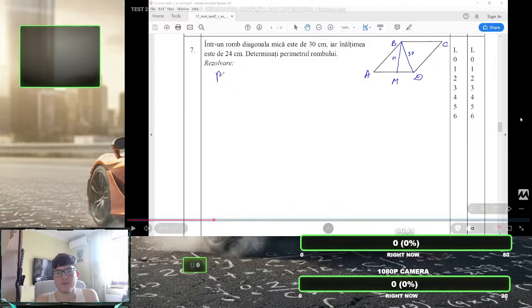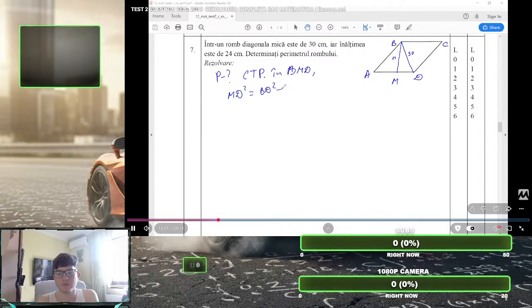So 24 right there, pop a height, which is M right there. So 90 degrees right there at M. So we can understand what MD is. But we're gonna see if we need that. Basically we need the perimeter right here. Pop the Pythagorean. So you have essentially this.